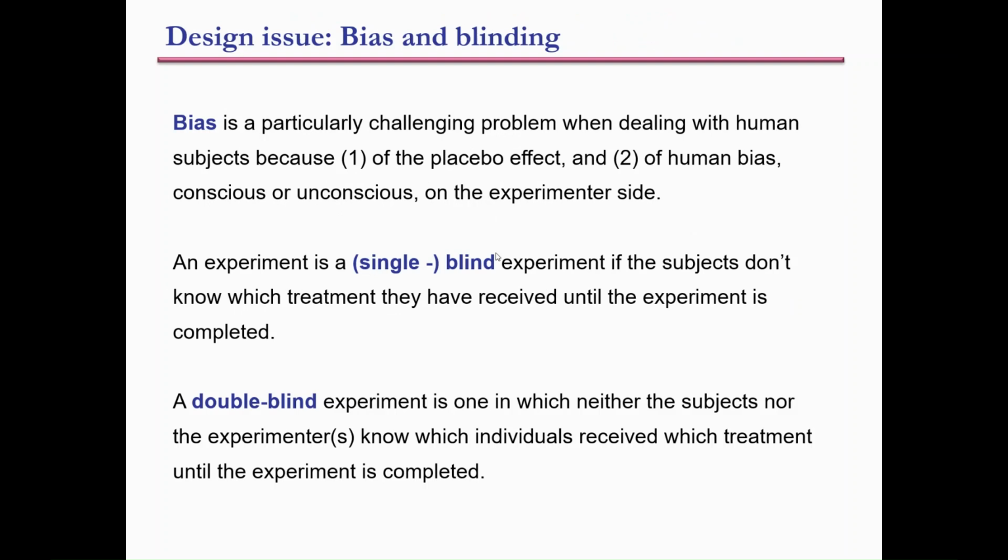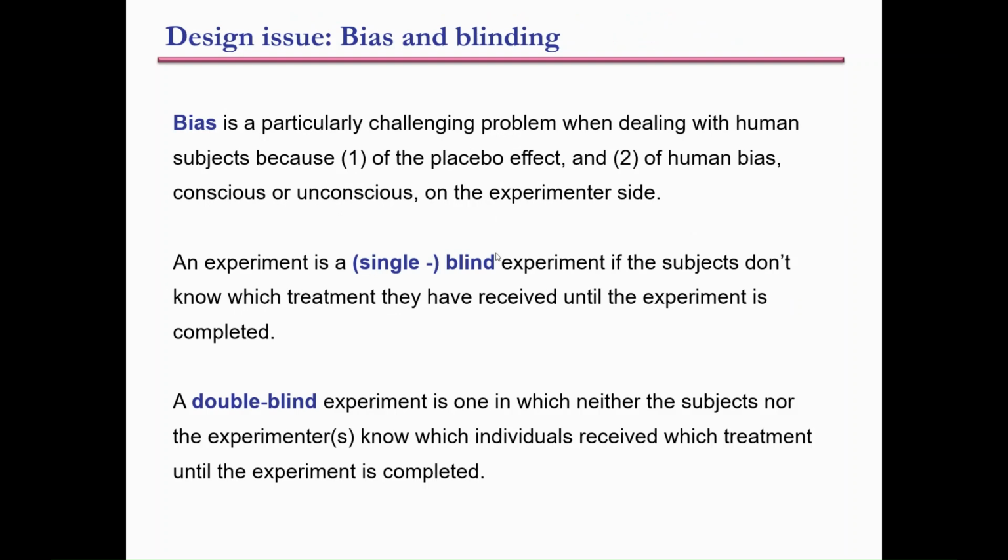But sometimes we're worried that the people evaluating the subjects may end up having a bias as well. This could be a vested interest, but more likely it's an unintentional bias, in that they might treat certain subjects differently because they know what treatment they had.